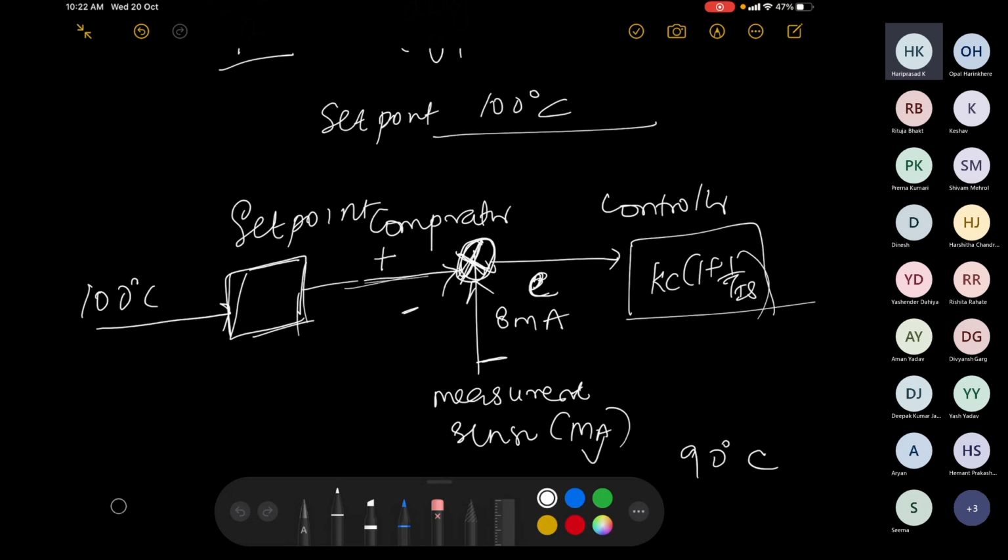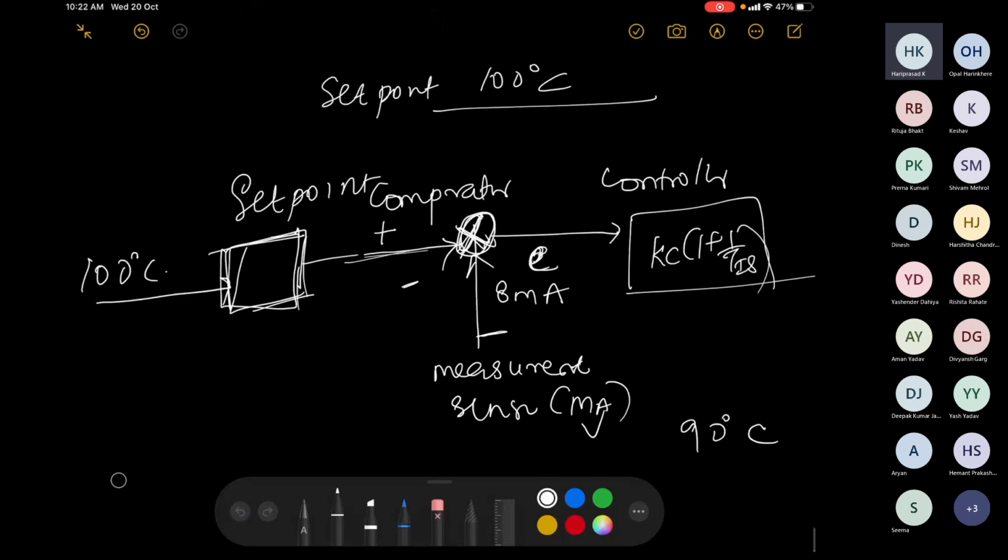So you need to have a mechanism to convert this 100 degrees C to an equivalent signal. So you have to look at the sensor: what is the dynamics of the sensor? You apply the same thing over here. So this 100 degrees C now will be an equivalent signal, maybe let's say 10 milliamperes. When you do this conversion, 10 milliamperes minus 8 milliamperes will be 2 milliamperes. So this is the error signal that is going into the controller.